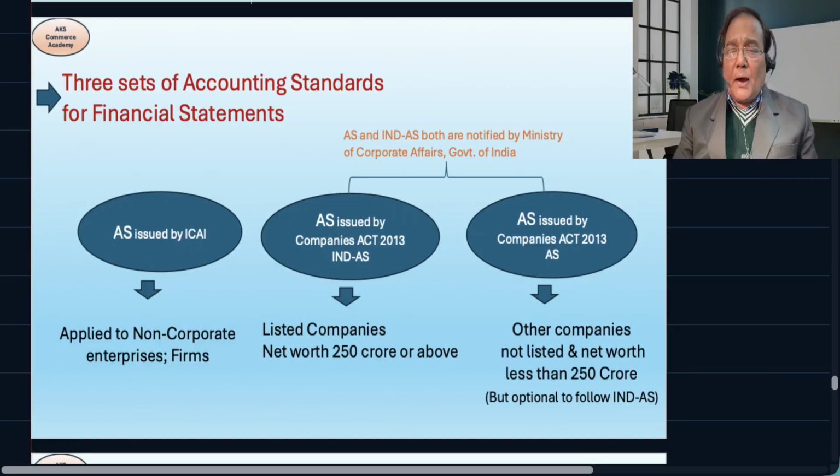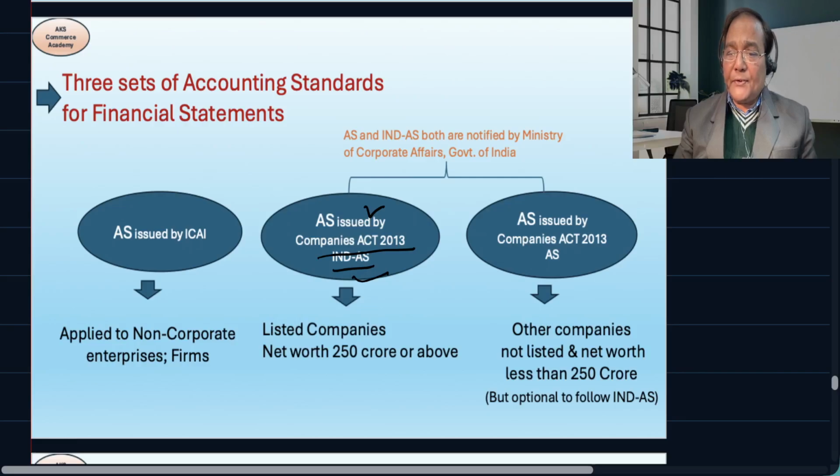Second, AS issued under the Companies Act 2013. This is also issued by the Institute of Chartered Accountants of India. This has been named Ind-AS, as it is mentioned here. Now, who has to follow this standard? It is the listed companies whose net worth is 250 crore.